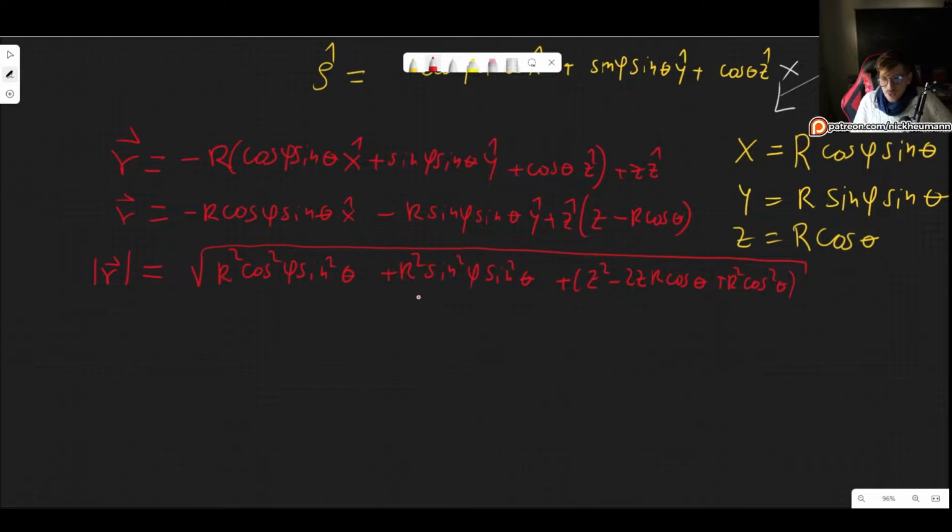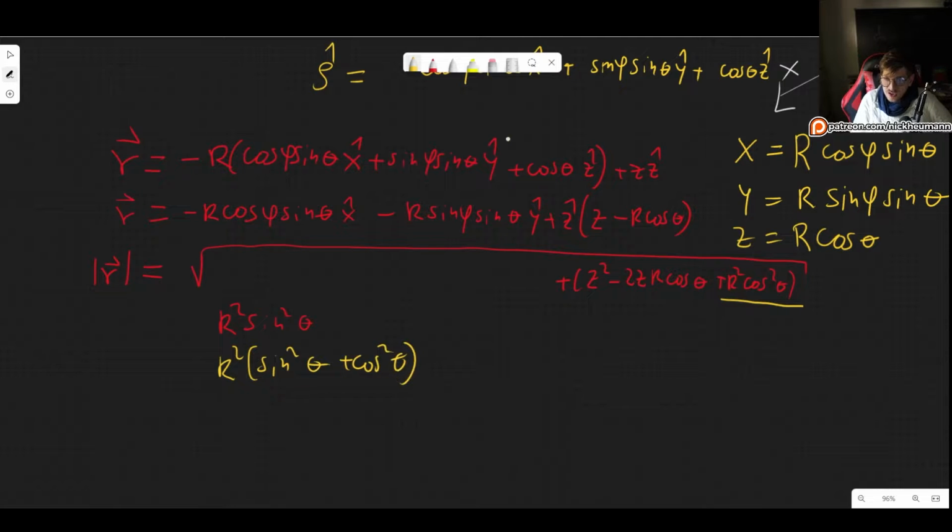Okay, now we start simplifying a few things. Just like we did before, we can factor out r squared sine squared of theta, which gives us cosine squared of phi plus sine squared of phi, which is simply 1. So instead of having all of this, we simply have r squared sine squared of theta. But look what we have over here: r squared cosine squared of theta. So we can factor out r squared, and we get sine squared of theta plus cosine squared of theta, which is of course 1.